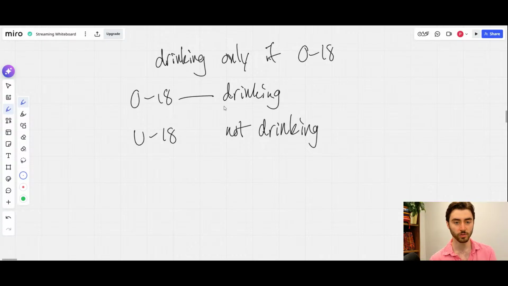You can be over 18 and drinking, you can be over 18 and not drinking, you can be under 18 and not drinking, but there cannot exist this link between under 18 and drinking. So that is the mapping, this sort of backwards Z. What we're really testing for is, is anyone under 18 drinking?